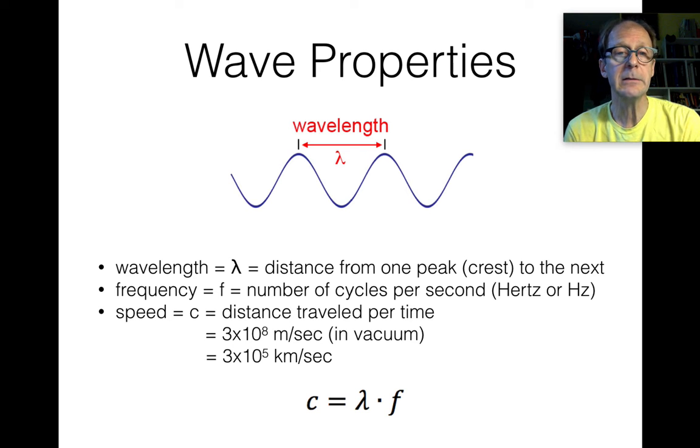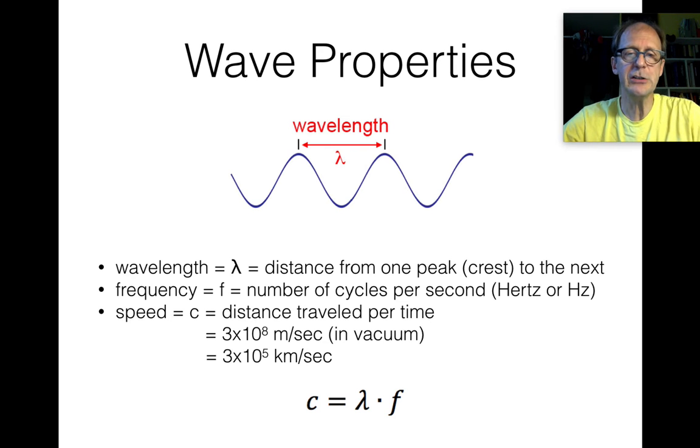And then light in a vacuum in space, light travels at a certain speed that we could use V for. We use V for speed, but in the context of light, we usually use a lowercase c for the speed of light in a vacuum, and that's equal to 3 times 10 to the 8 meters per second, which is really, really fast. That's about 186,000 miles per second, or 300,000 kilometers per second.